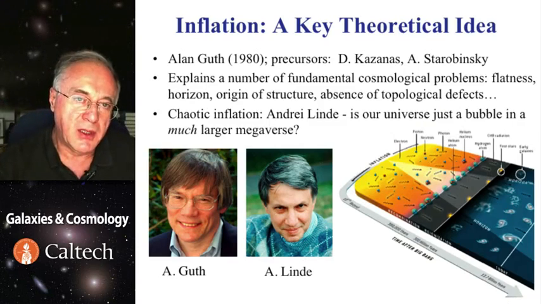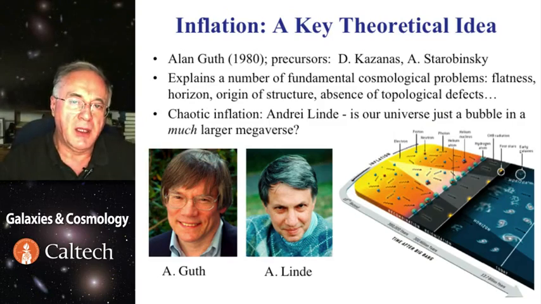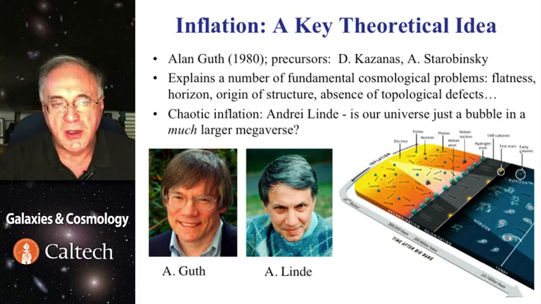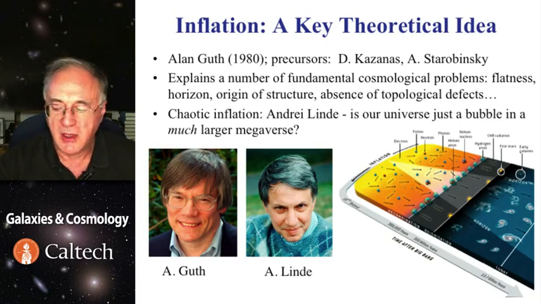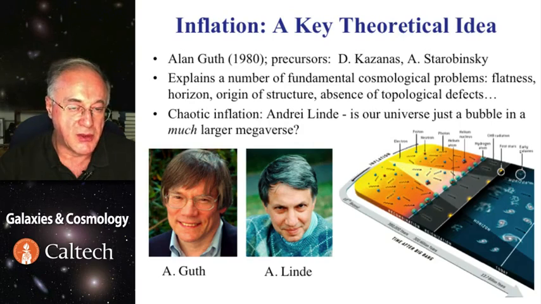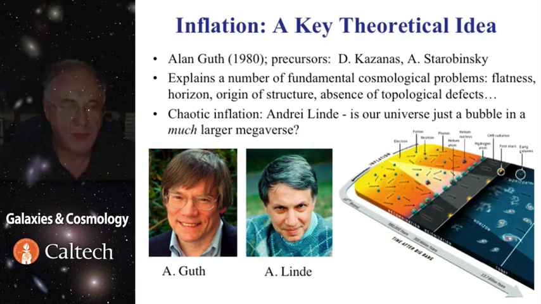Another important theoretical development happened in 1980. Alan Guth came up with the so-called inflationary theory. And this was a very surprising thing, and it really addressed a number of important questions in cosmology. It became a standard paradigm in which the early universe is viewed. We'll talk about this in much more detail later.